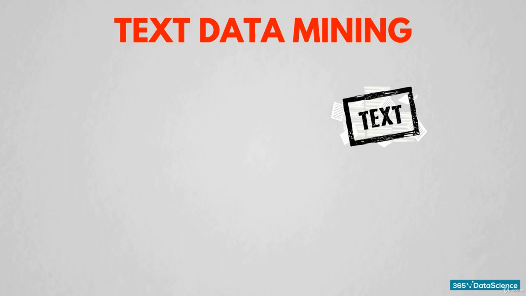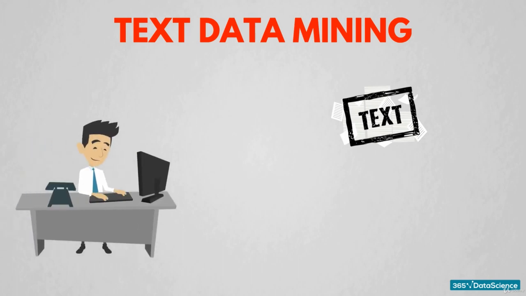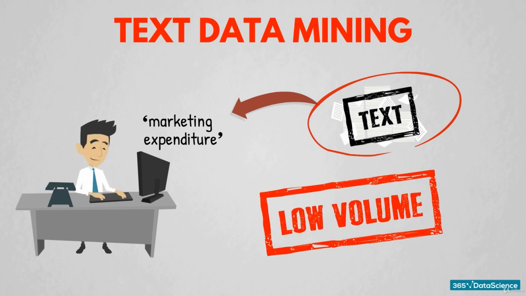Well, there are many scientific projects in progress which aim to extract specific text information from digital sources. For instance, you may have a database which has stored information from academic papers about marketing expenditure, the main topic of your research. You could find the information you need without much of a problem if the number of sources and the volume of text stored in your database was low enough.